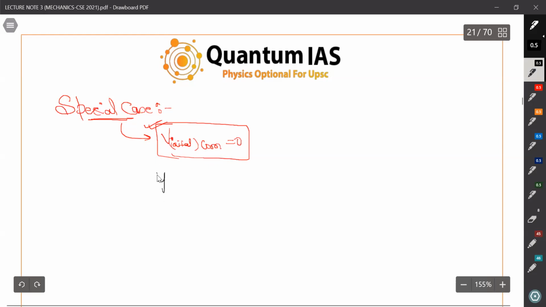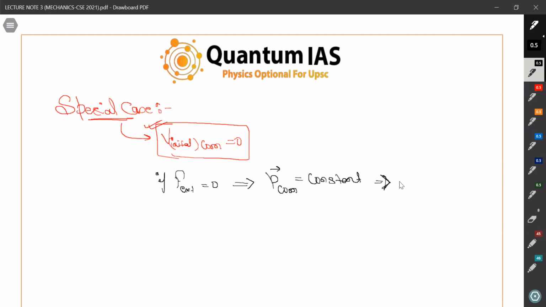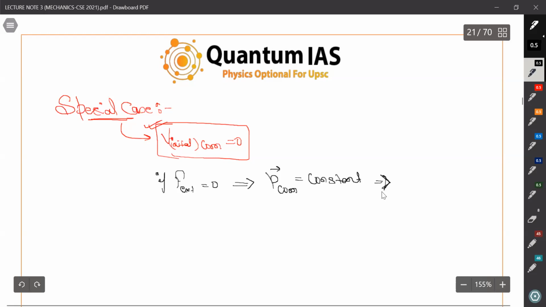So if now F external is 0, then P of center of mass is constant or conserved. We know that. But what we can conclude here also, if there is no change in momentum and its initial velocity is 0, then its final velocity of center of mass will always be 0.